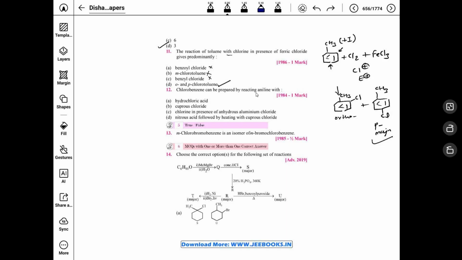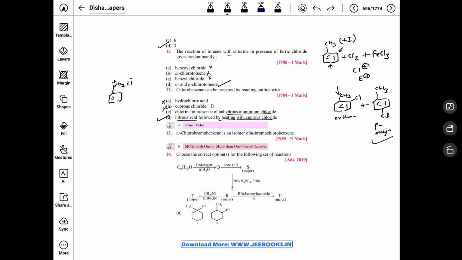Now moving to question number 12. Chlorobenzene can be prepared by reacting aniline with hydrochloric acid? No, because aniline on reacting with HCl will just give a salt, nothing else. Cuprous chloride? No. Chlorine in presence of anhydrous aluminum chloride? No, this will lead to chlorination of the benzene ring. Nitrous acid followed by heating with cuprous chloride?